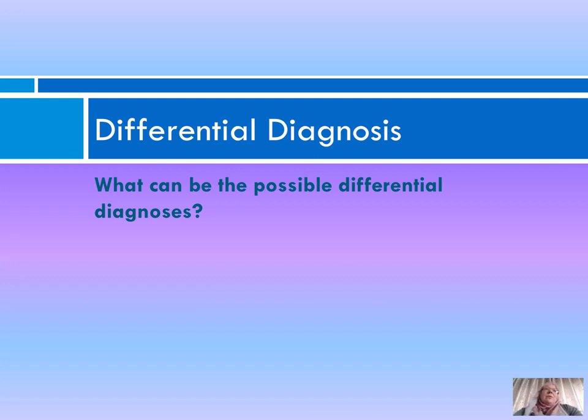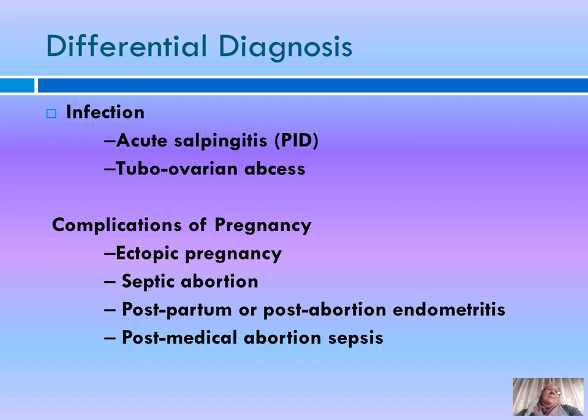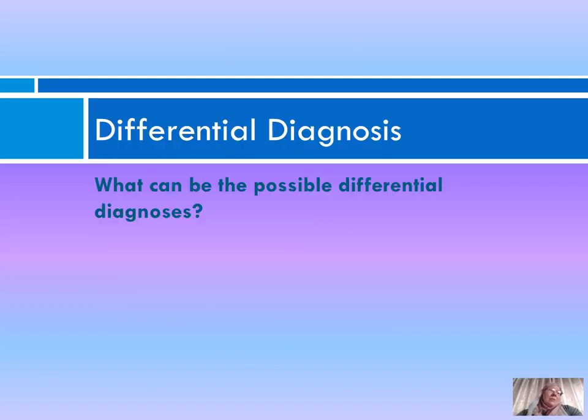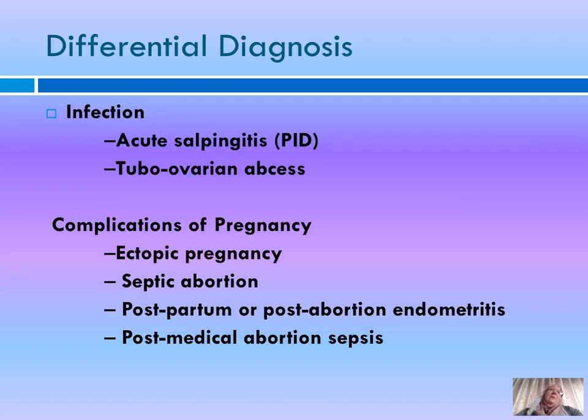So what can be the possible differential diagnosis from this case that we've looked at? We've already looked at some of the possible diagnoses, but there are other differential diagnoses. It could be an infection, so acute salpingitis, tubo-ovarian abscess.